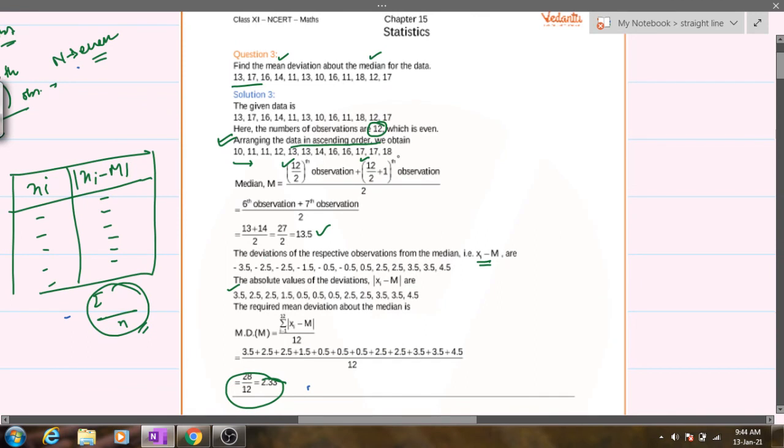Here you should keep in mind that if n here had been an odd number, let's say n is equal to 11, then you will go on to find the 11 plus 1 by 2th term observation, your median. So 12 by 2 is 6. So 1, 2, 3, 4, 5 and 6, 13 will be your median, unlike this numerical where we had an even number.